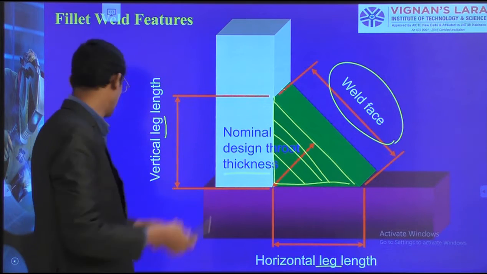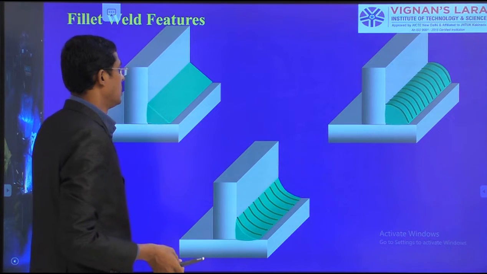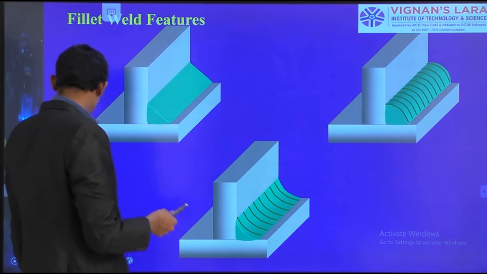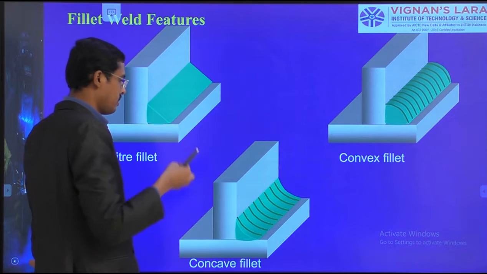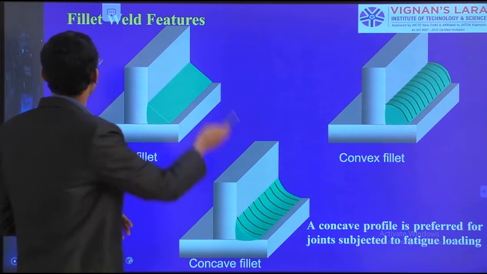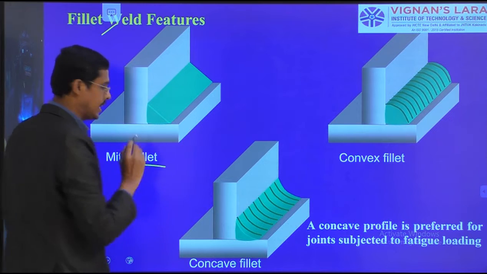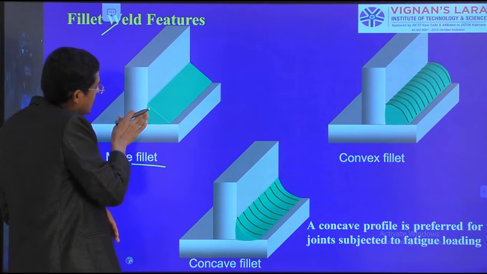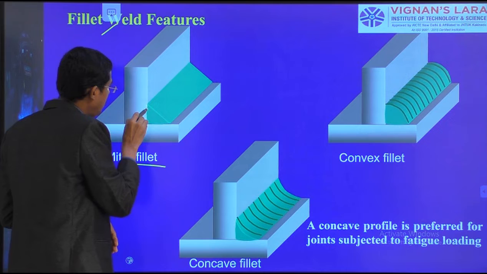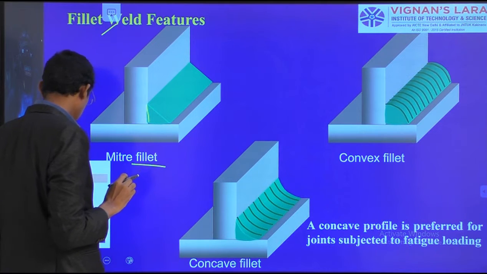Butt weld, fillet weld. Similarly, there are possibilities. What are the possibilities? I am telling. A fillet weld can be a miter fillet, which means flat. Here in this diagram it is simply flat, a simple flat.